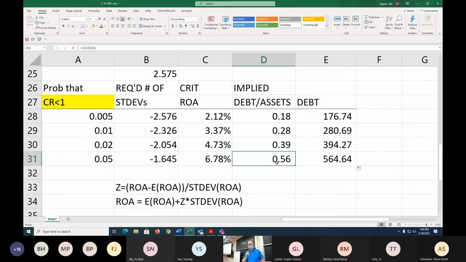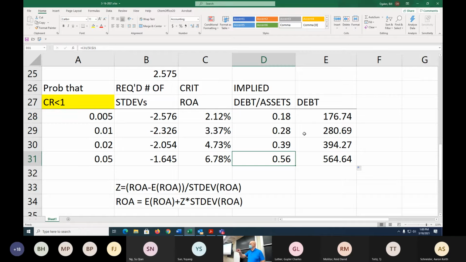Then, if you want to use a fancy word, caveat number 2 would be you can work problems like this and actually end up with more debt than assets. You can actually work a problem and it'll suggest that you can have more debt than assets, which is not possible.